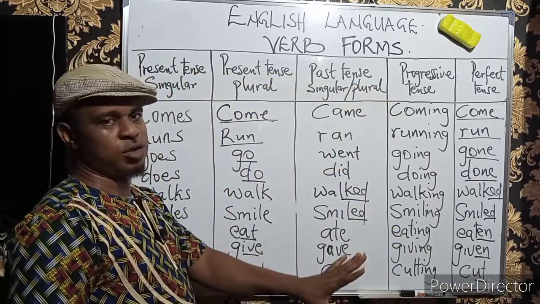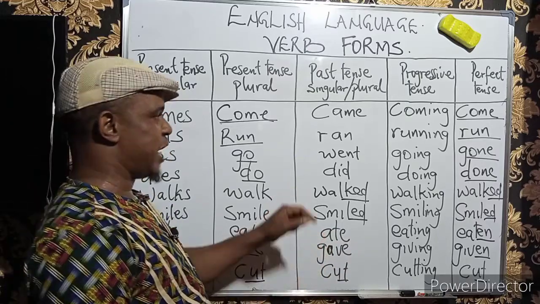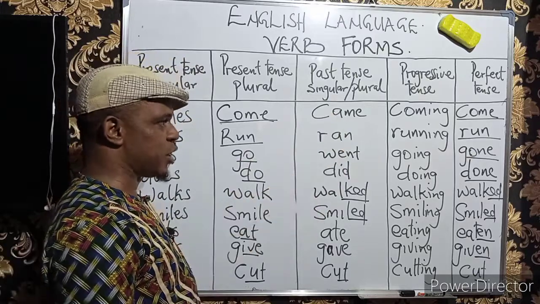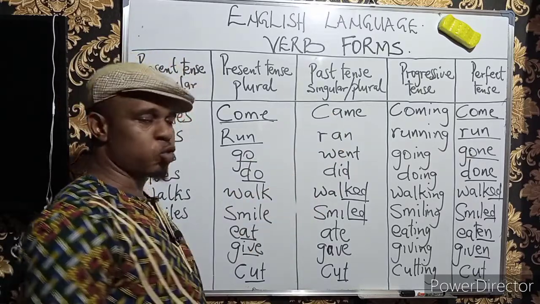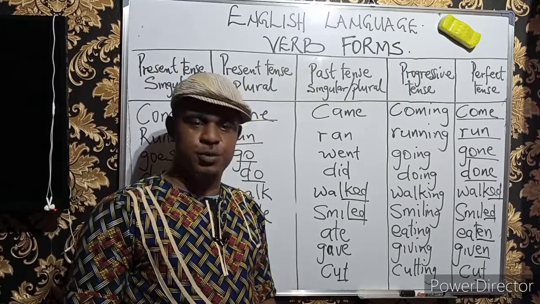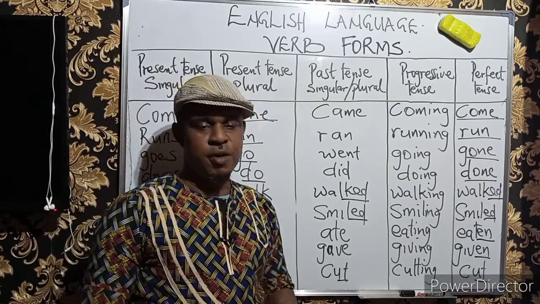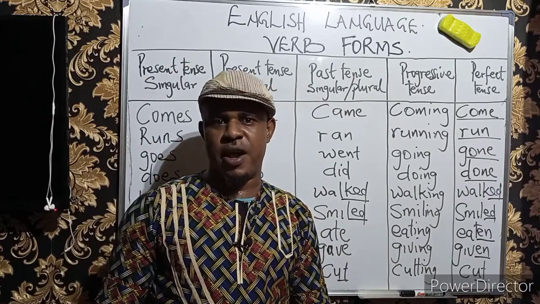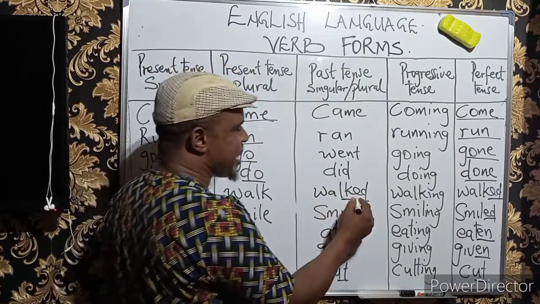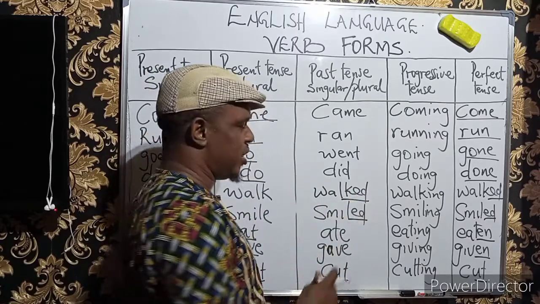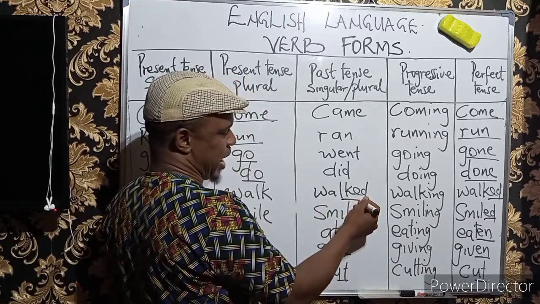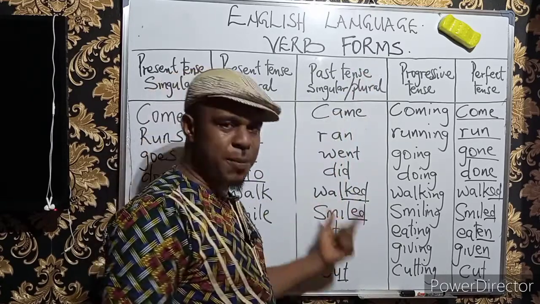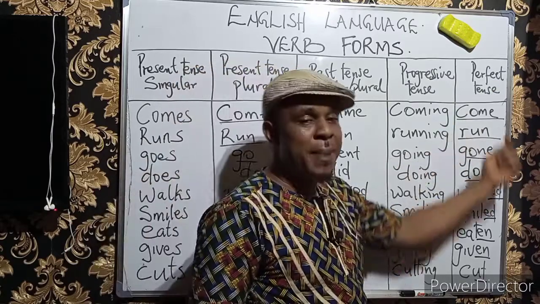Now, that will take us to the types of verbs we shall talk about because of these changes and similarities as we are looking at them already. There is what we call the regular verbs and the irregular verbs. The regular verbs are the species or the groups of the verbs that possess ed in their spellings, as we are seeing already here, in their simple past tense form as well as their past participle.